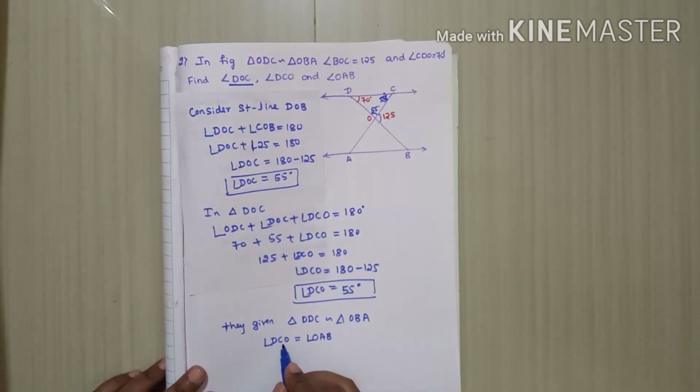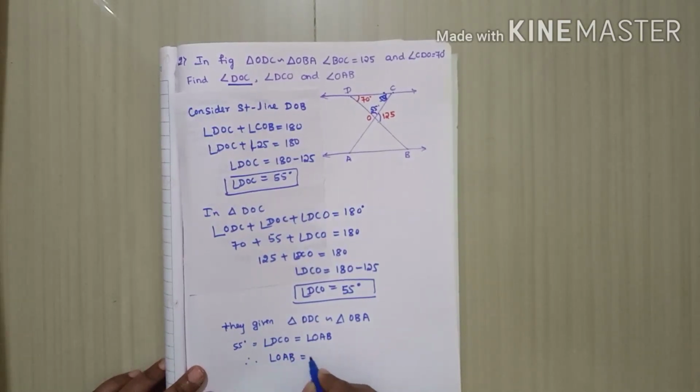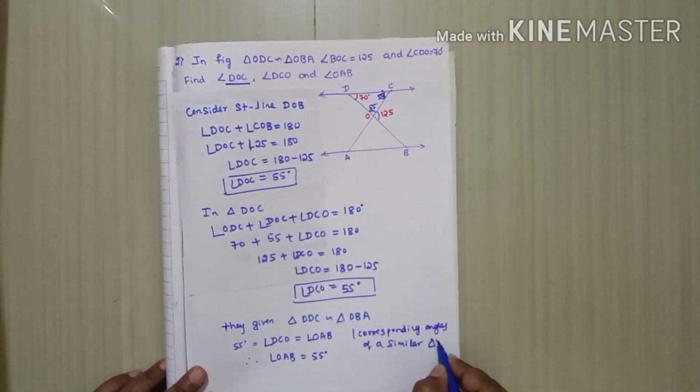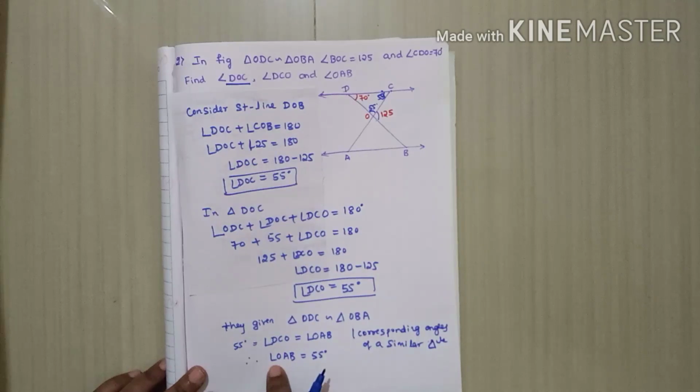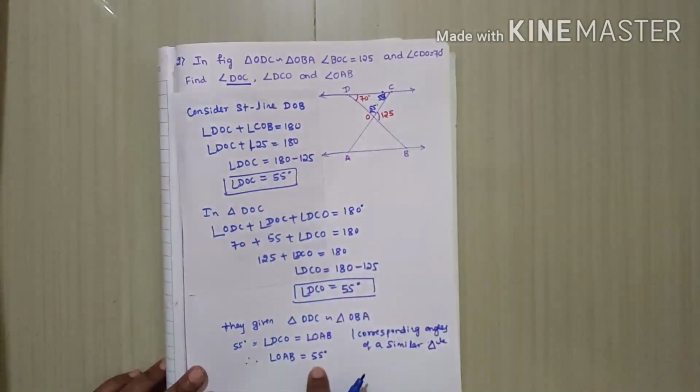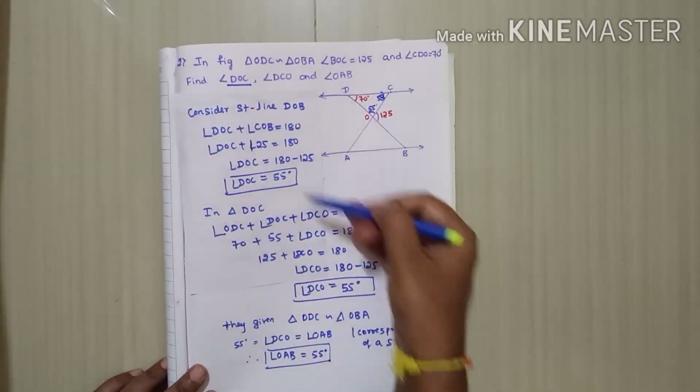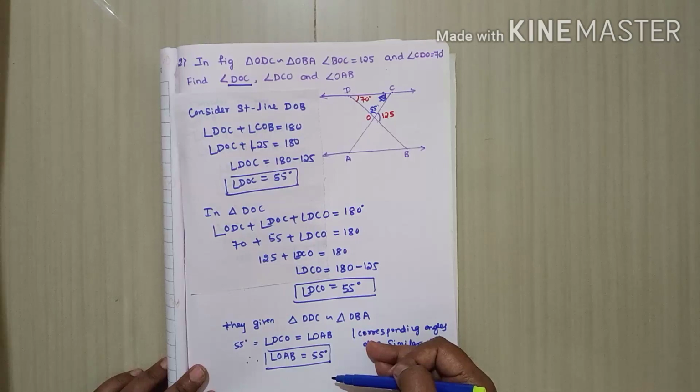Therefore DCO we already know, that is 55 degrees. Therefore OAB is also equal to 55 degrees, because of corresponding angles of similar triangles. That is the reason. Therefore OAB is also 55 degrees. This is the answer for the second question. In this question, in total, we found three angles.